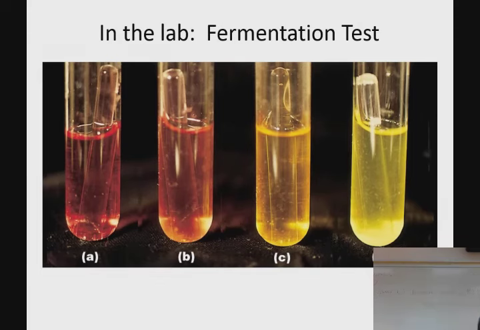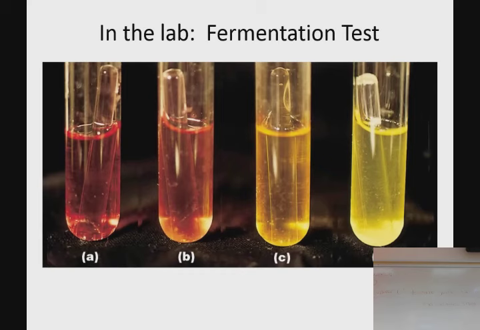Now, if the organism takes the sugar and does a fermentation with it instead of respiration, which could be either aerobic or anaerobic, but if it ferments the sugar, then what is going to happen? Usually fermentation produces what group of chemicals? Acids, which does what to the pH? pH goes down, okay? That's what's happened in these tubes here.